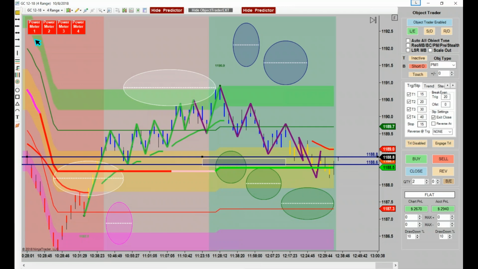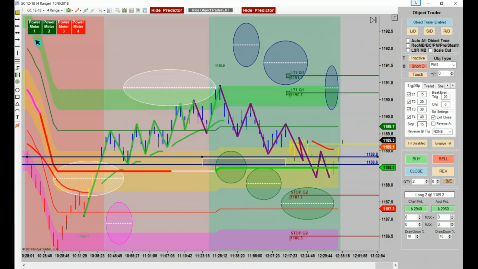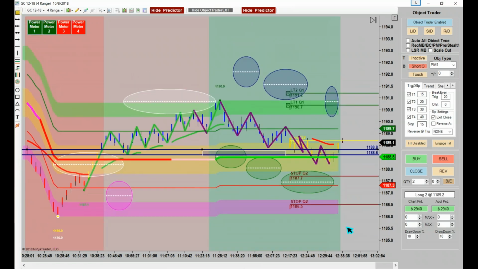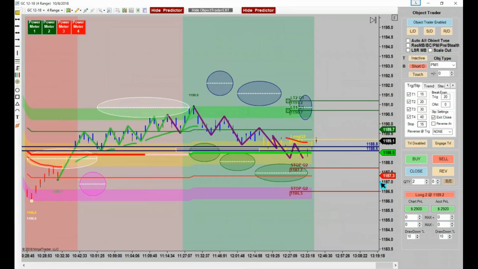If it closes, it'll change it. And see, that'll fire automatically on the green power meter. There you go.